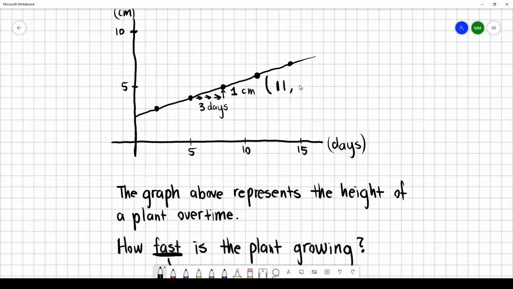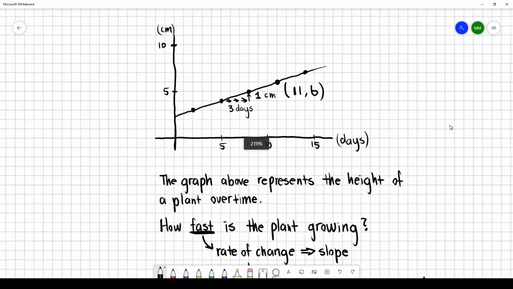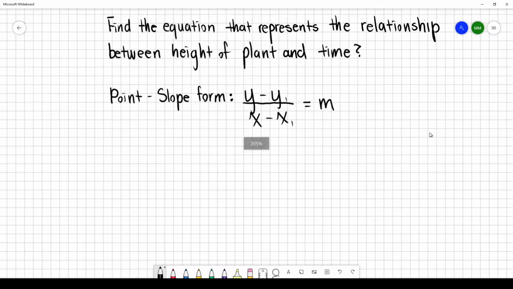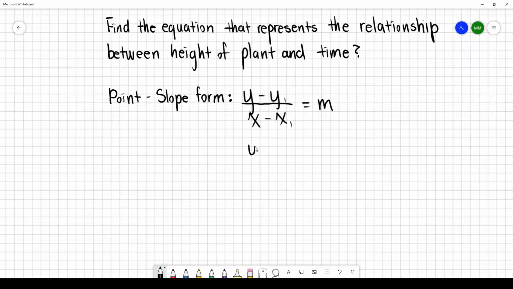Is that right? Yeah, 11 and 6. So y minus the y coordinate, which was 6, divided by x minus the x coordinate is equal to 1 over 3.